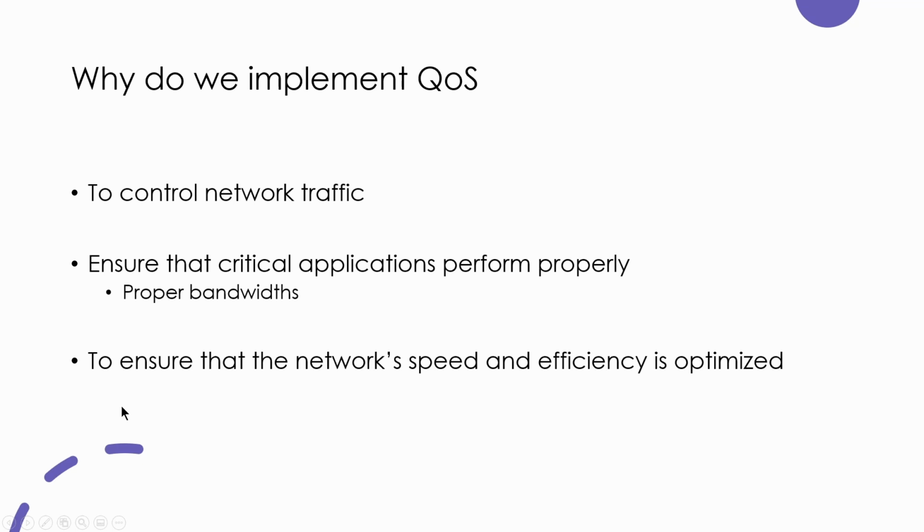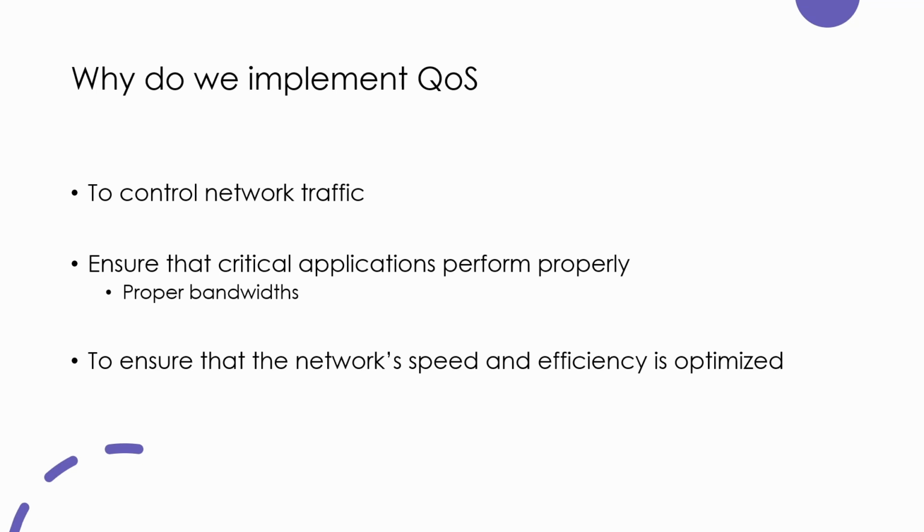So why do we implement quality of service? There are several reasons that can be seen here. One is to just control your network traffic, and with controlling the traffic, you ensure that critical applications will perform properly, as mentioned prior, because they will get the proper amount of bandwidth they need in order to function properly and not be jittery or lose frames that are crucial to do their job.